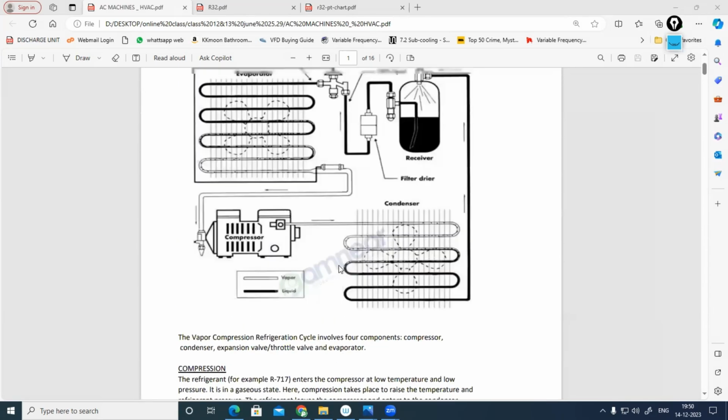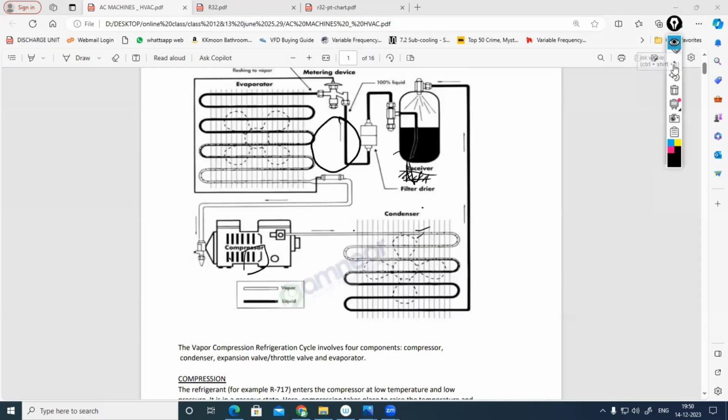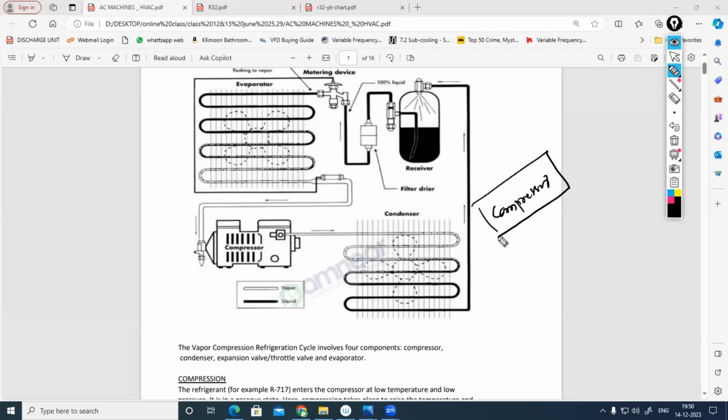Compressor terms. Okay. See, we have two important terms for the compressor. The compressor has a suction pressure. Let's say P1 is the suction pressure. The compressor has a delivery pressure. Let's say P2 is the delivery pressure. We have a term called compression ratio.